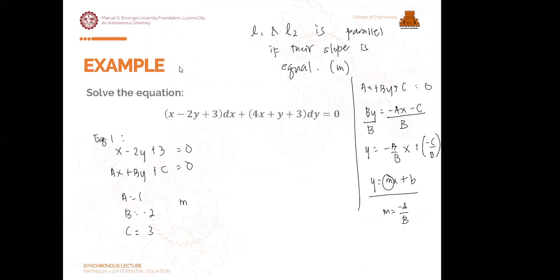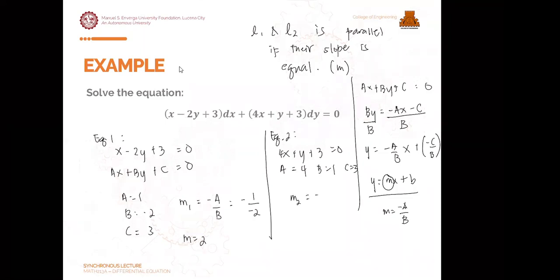So ang slope natin for equation 1 will be negative a over b or negative 1 over negative 2, or m1 is equals to 1/2. Okay. So kailangan yung equation 2 natin is 1/2 din para masabi nating parallel siya, no? So we have 4x plus y plus 3 is equals to 0. So a is 4, b is 1, and c is 3. So kitang-kita na negative a over b natin is negative 4 over 1 or negative 4, which is not equal. Okay? It's not equals to m1.